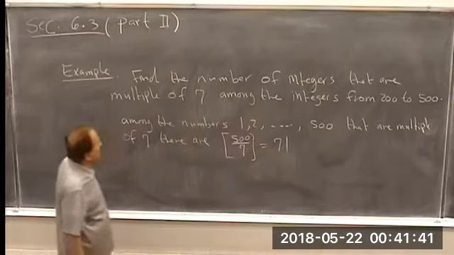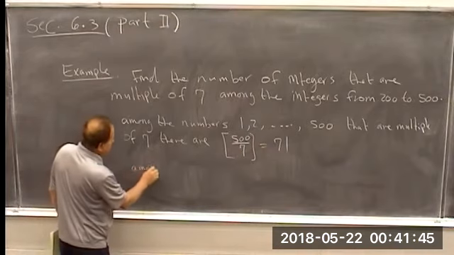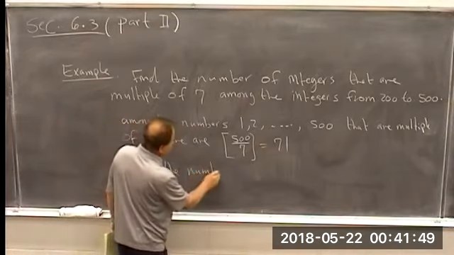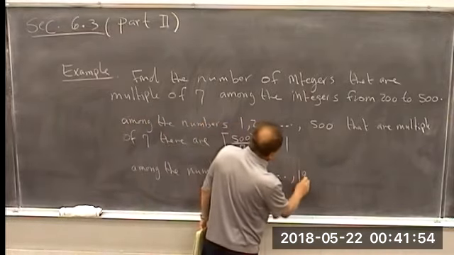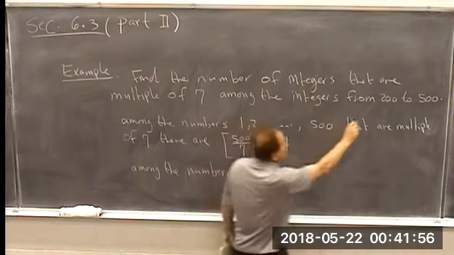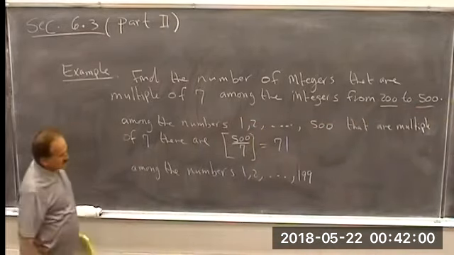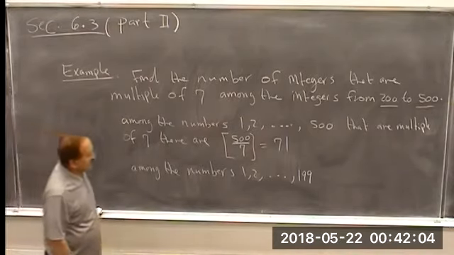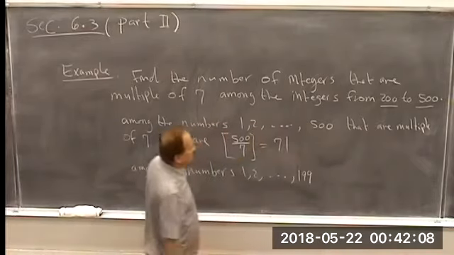And then we look at the numbers 1 up to 199, because the range 200 to 500 is inclusive. Of course, 200 is not a multiple of 7, but in case we have some other number.